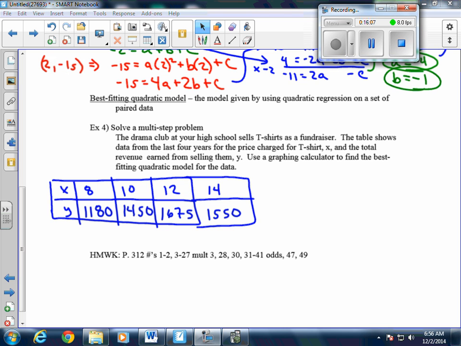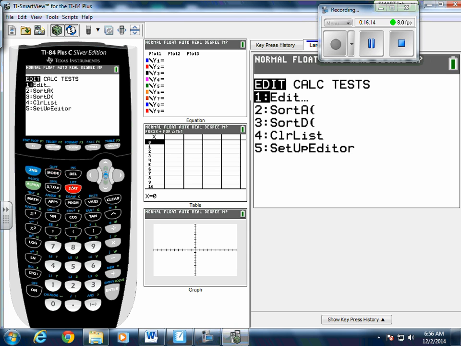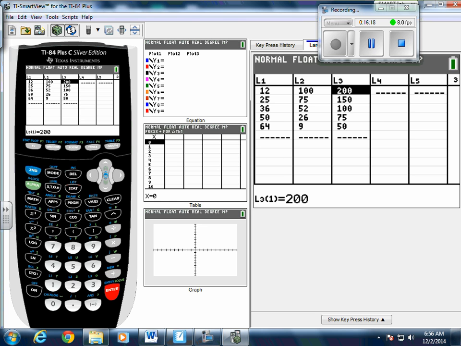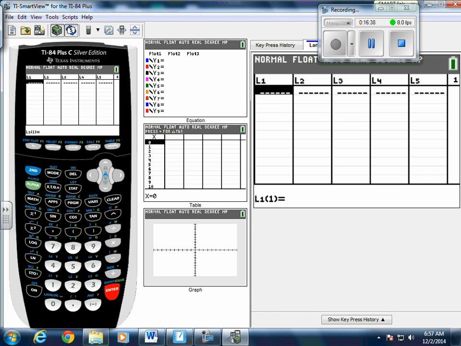Go to the stat button, and remember we put it into edit. We have some data here in our lists, so to clear them, go up to where it's highlighted, hit clear, and then hit enter. That'll get rid of all the data in our lists.